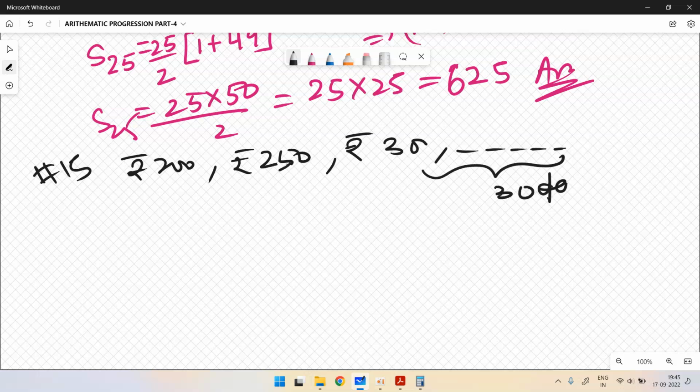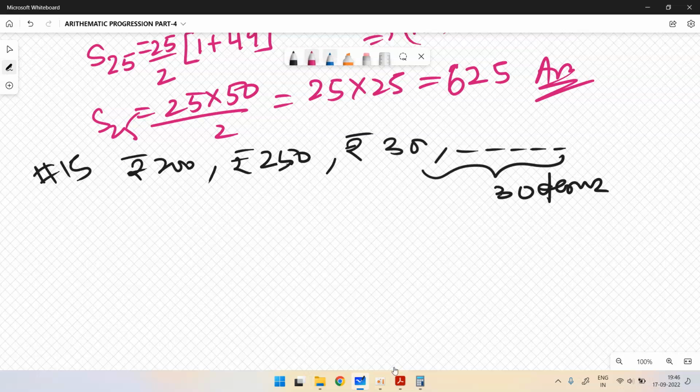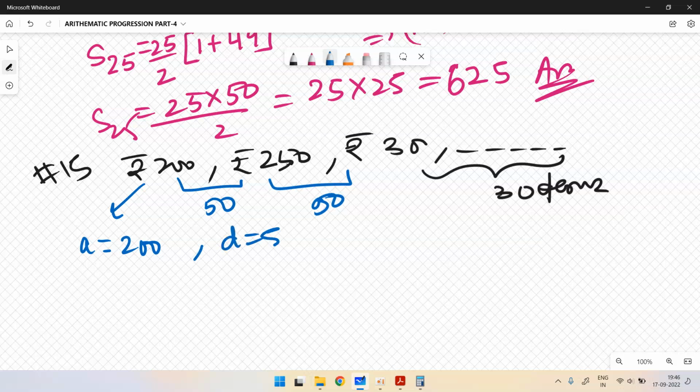The common difference is 50, which is constant everywhere and is given in the question. The first term a is 200 rupees, d is 50, and n is given to be 30 terms.